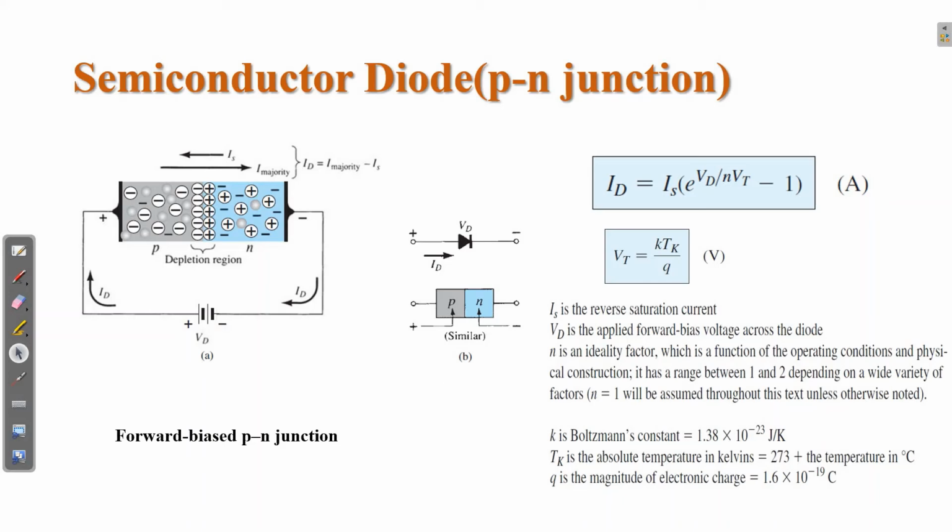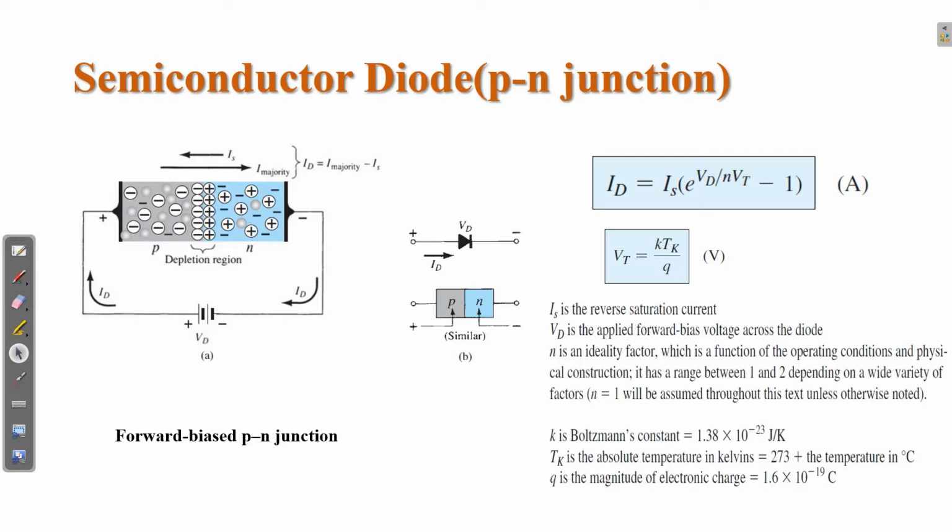Hello students. So by now we have already discussed how the PN junction diode behaves under different biasing conditions: in no bias condition, in forward bias condition, and in the reverse bias condition.